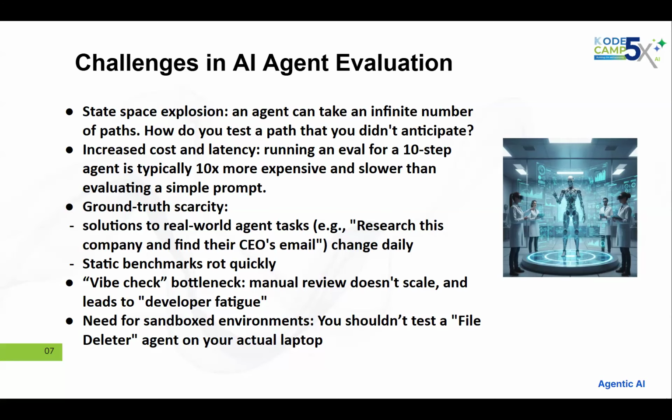So the point is that static benchmarks rot, particularly for many real life use cases. If it's a piece of information that is dynamic, how do you build a golden data set for it, given that the ground truth changes fairly rapidly?